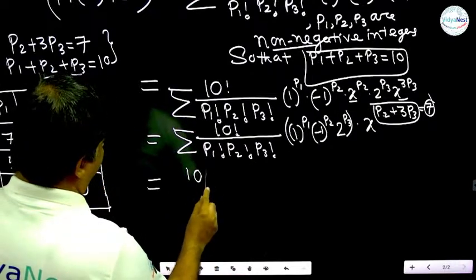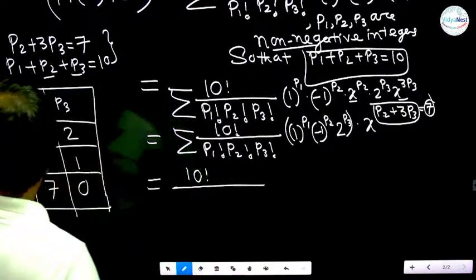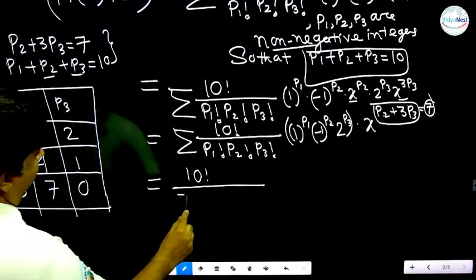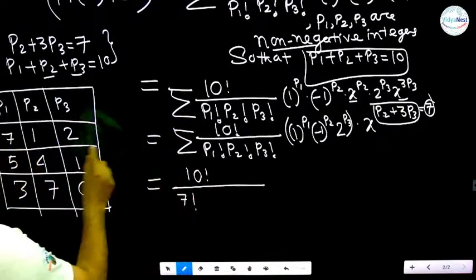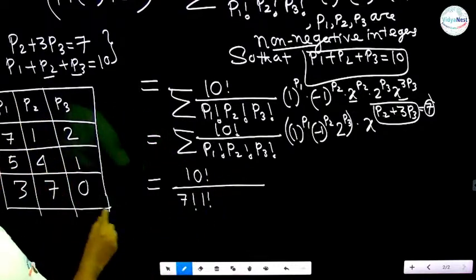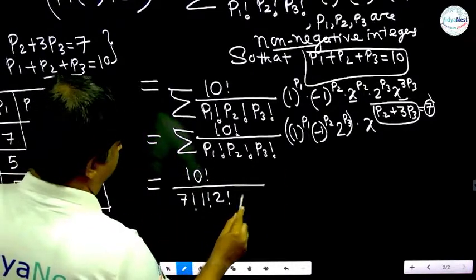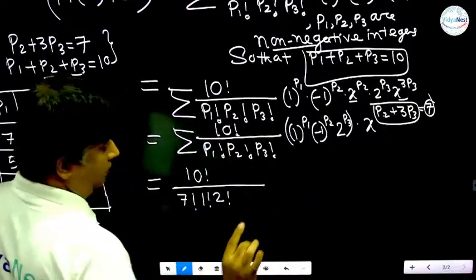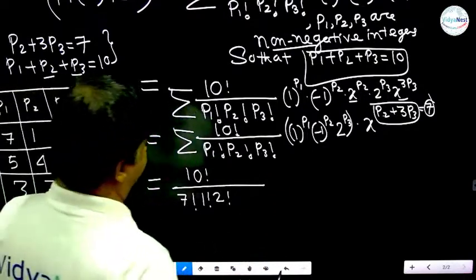First, factorial 10 by p1 factorial 7, p2 factorial 1, p3 factorial 2. 1 to the power p1 nullifies, no need to write.